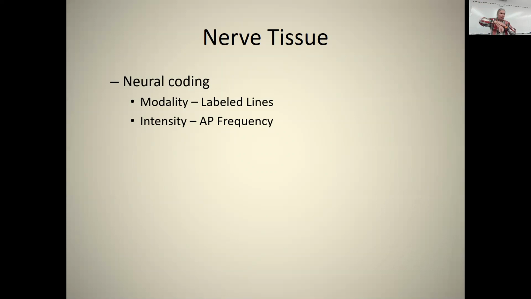You have touch, pain, sight, hearing, smell. How can your brain tell the difference between smelling and hearing, for example, or smelling and seeing? That sounds like a stupid question. It's obvious. Well, not when you think about it, because what does your brain actually get from the periphery?